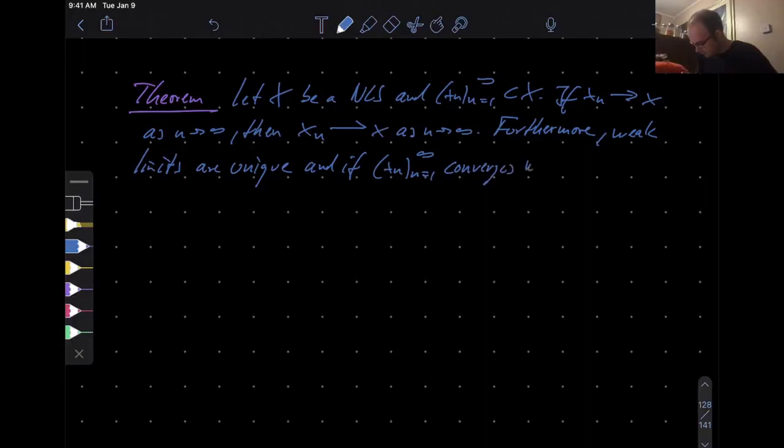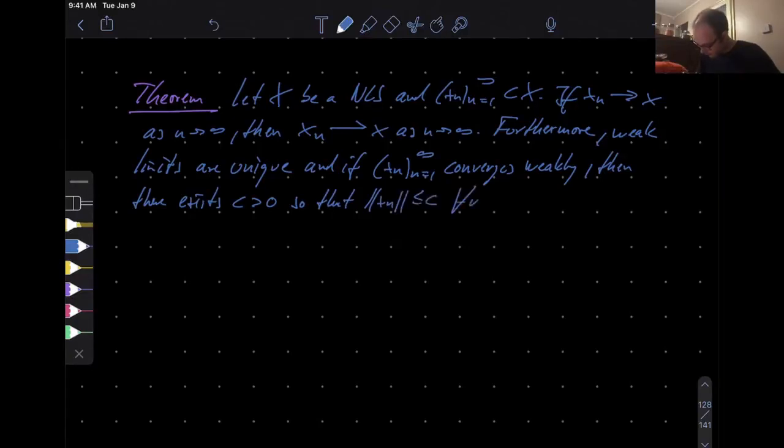So if that sequence converges weakly, then there exists C positive so that the norm of x_n is less than or equal to C for all members of the sequence. Okay, that's it. All right, so let's prove it.